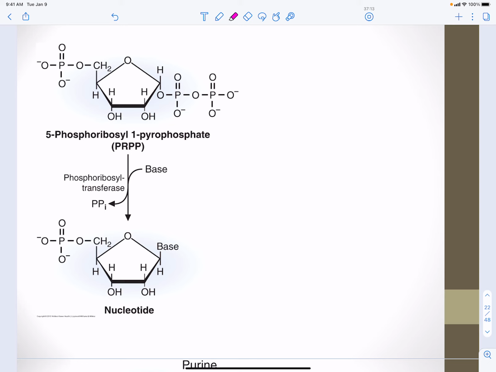So you get your nucleotide from this as well as a pyrophosphate. As we saw before, adenosine and AMP can be deaminated by adenosine deaminase and AMP deaminase, and these are going to form inosine and IMP as we showed before.